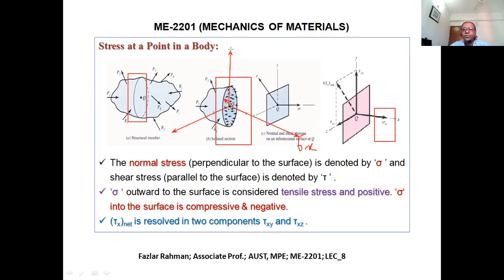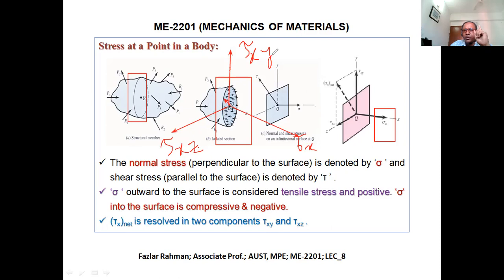If we divide this component into two components, one component will be along the z-axis, the other along the y-axis, shear stress. Now this shear stress, how do we identify it? I keep the notation. Shear stress we express by tau. This one is tau. This tau is coming due to sigma x, so I'll put x over here. This is working along the z-axis, I'll put z. This is working along the y-axis, I'll put y, okay?